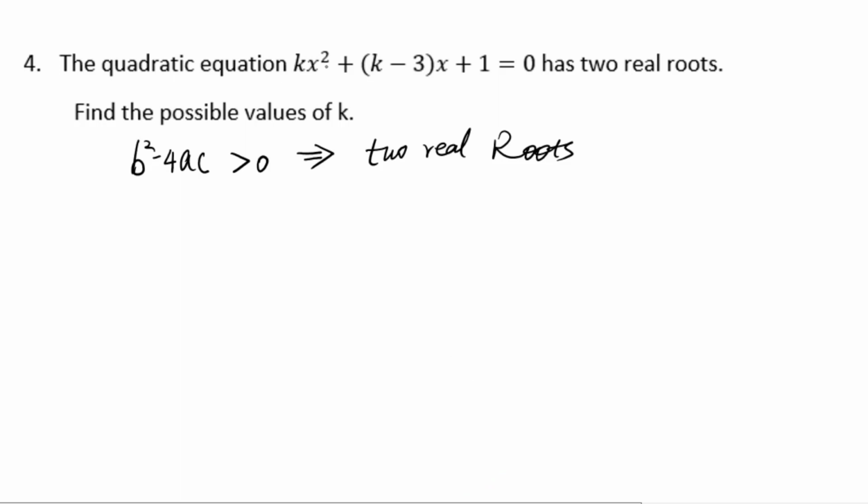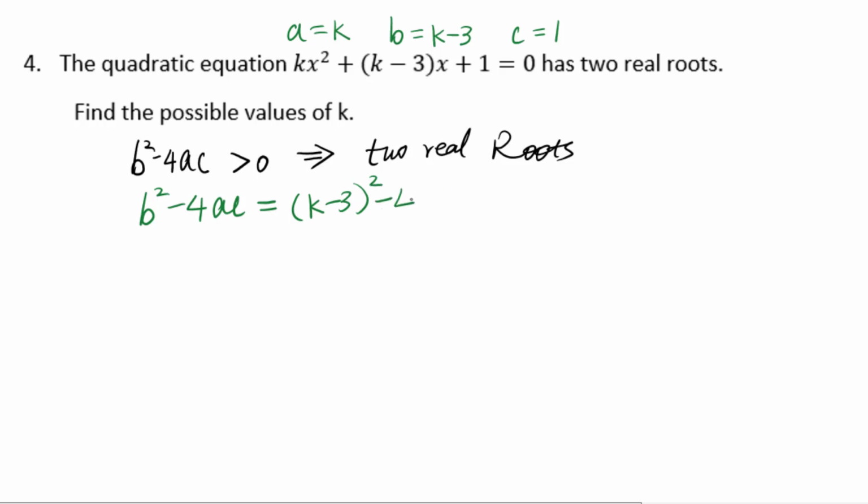For the given quadratic function, a equals k, b equals k minus 3, c equals 1. Therefore, for b squared minus 4ac, this discriminant equals (k minus 3) squared minus 4 times a, which is k, times c, which is 1, equals k squared minus 6k plus 9 minus 4k.